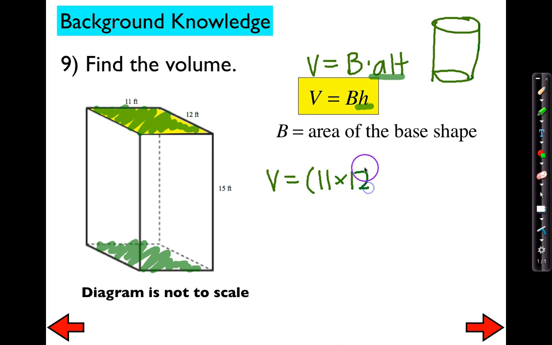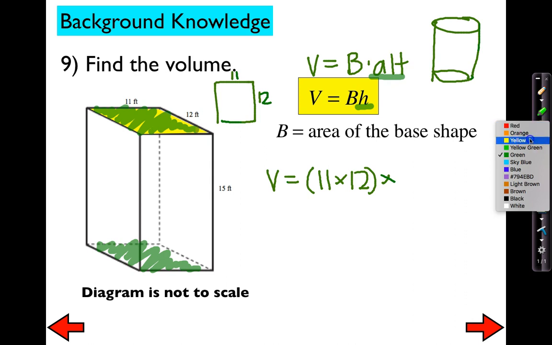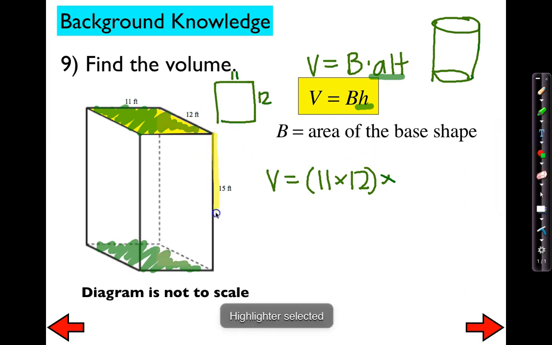And I know it looks a little misleading, but technically this is just a rectangle. It's 11 here and 12 here. That's how I got my values. Now we're going to multiply by the height, which is, again, another word for that could be altitude. So the height of this is 15 feet. So let's multiply by 15.